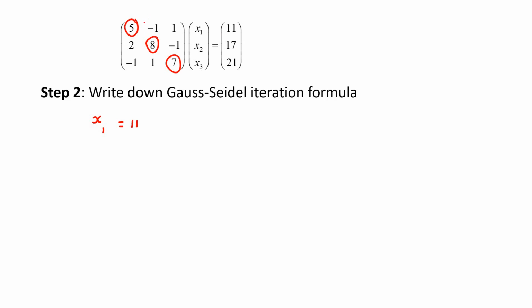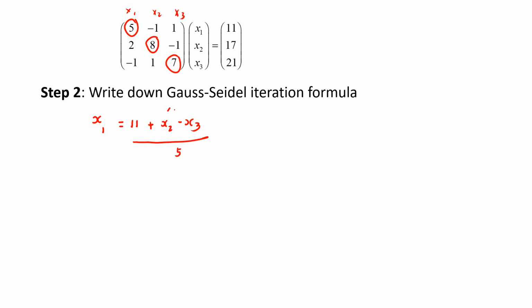So 11, here x1, x2, x3. You are going to solve for x1, so the coefficients of x2 and x3 are brought to the other side, so it becomes plus x2 minus x3. Divide by the coefficient of x1, which is 5.